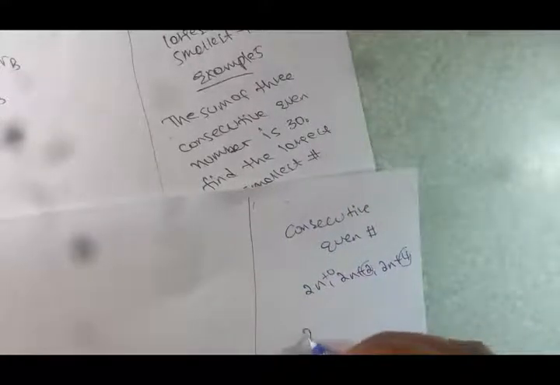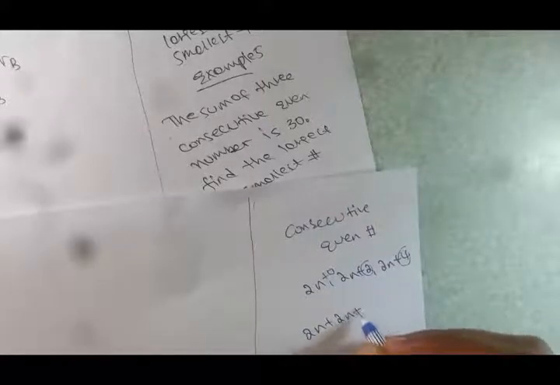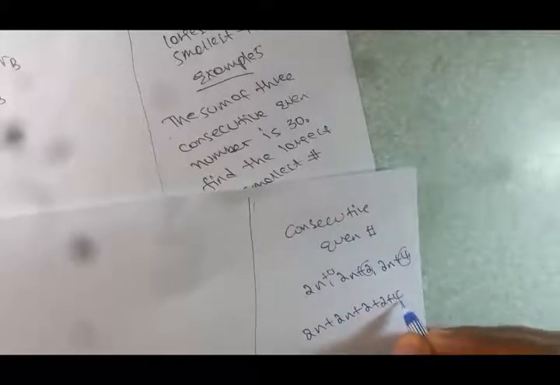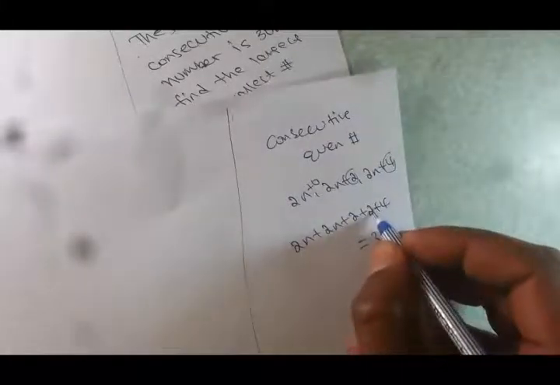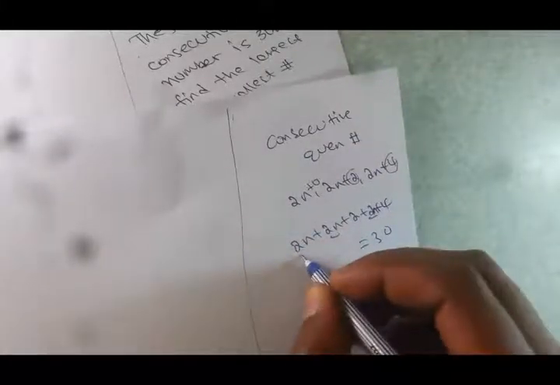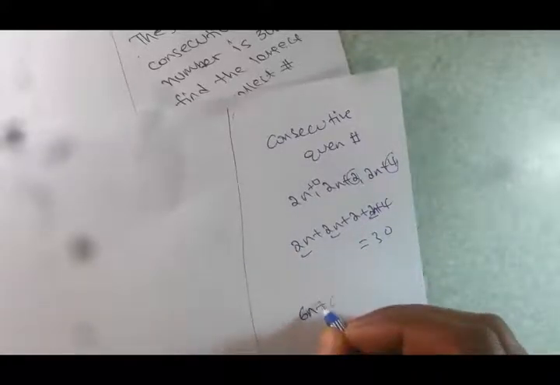So their sum 2n plus 2n plus 2 plus 2n plus 4 must equal 30. Therefore 2n plus 2n plus 2n is 6n, plus 6 equals 30. Therefore 6n equals 30 minus 6. This is 6n equals 24. When we divide by 6, n equals 4.